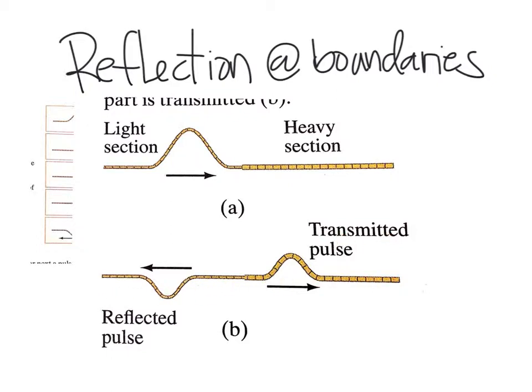We're going to see this in sound waves where we have air columns, and the wave comes to the end of some kind of change in the medium, and part of it's reflected and part of it's transmitted. This happens in strings as well, and it's a little easier to think about because the wave comes in and some of it is going to move the heavy string, but because the heavy string is heavier, it doesn't move it as much, so some of it's reflected.